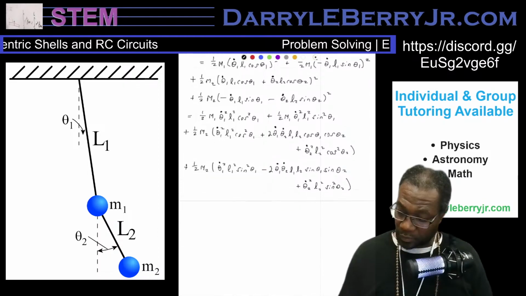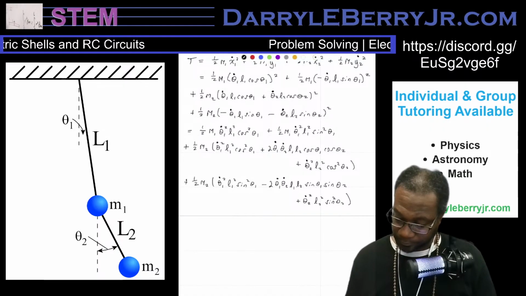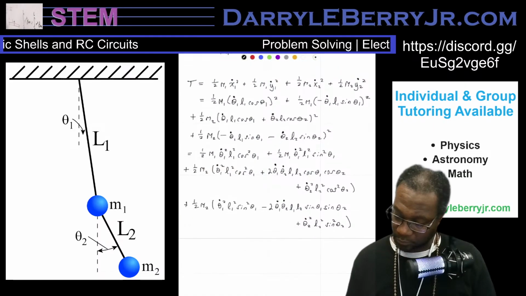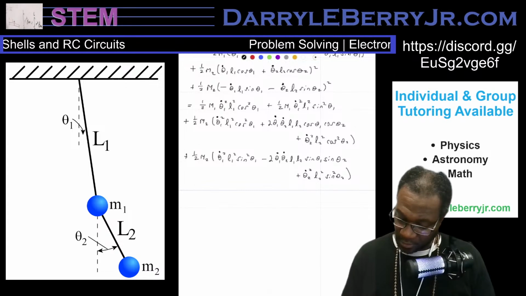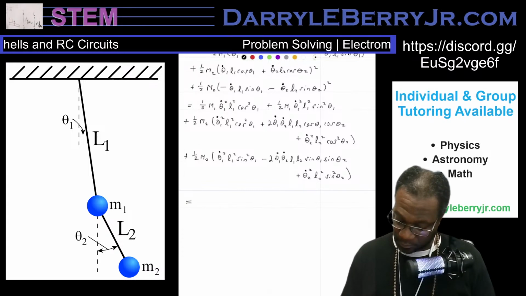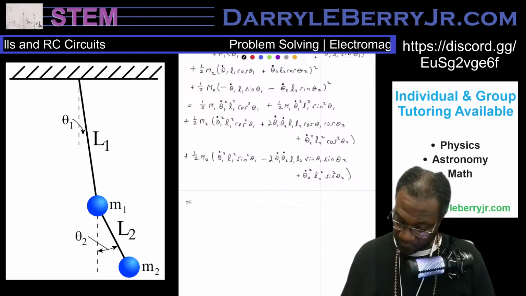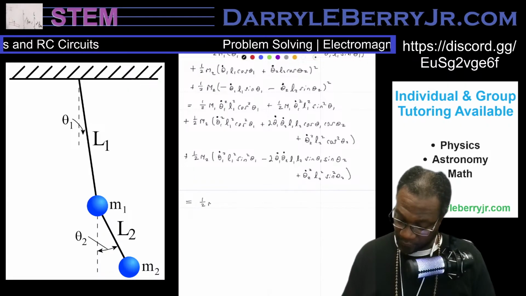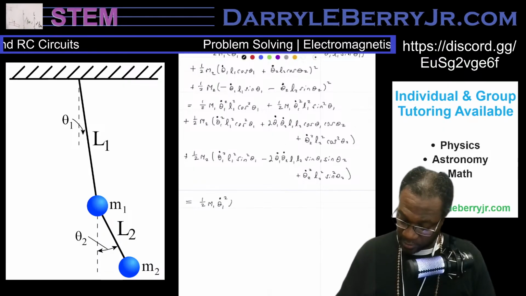So I'm doing this one the reverse of when I did it the last time, so not so familiar, but we'll work it out. Let's see what we have. So for the first part, we have 1/2 m1 theta 1 dot squared L1 squared.